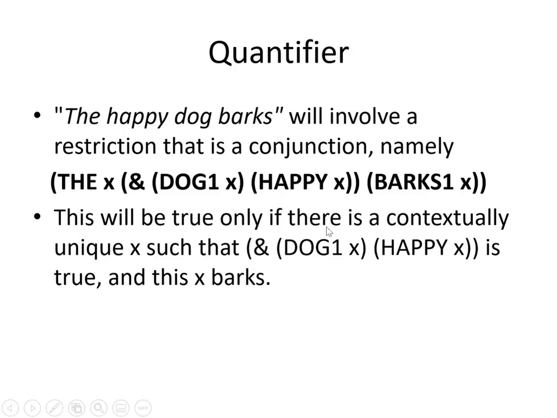This will be true only if there is a contextually unique X, such that dog1 X and happy X is true and this X barks. You can see here dog1 and happy1 have this and operator, so both conditions must be satisfied: the happy dog barks. Okay.